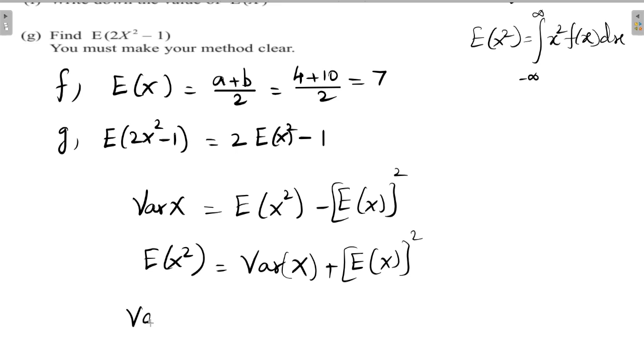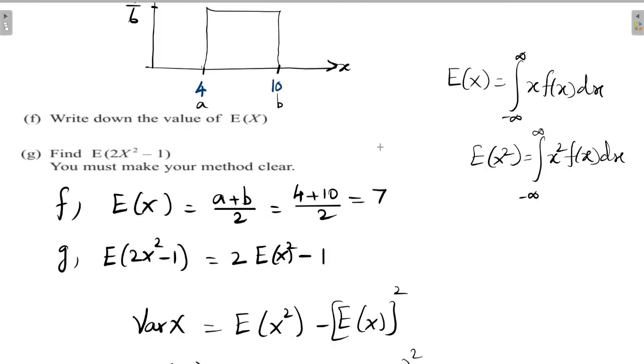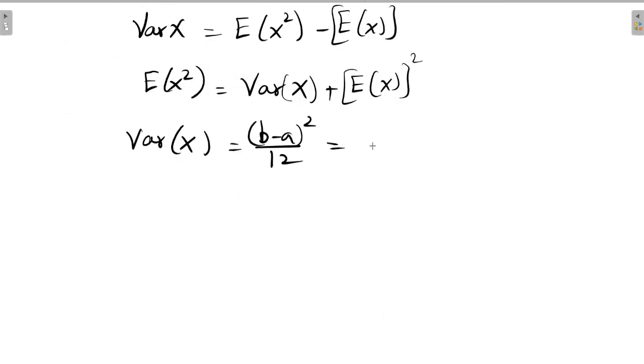The formula for variance of x is (b minus a) the whole square by 12, which is equal to (10 minus 4) the whole square divided by 12. 6 square is 36, 36 by 12 is 3.